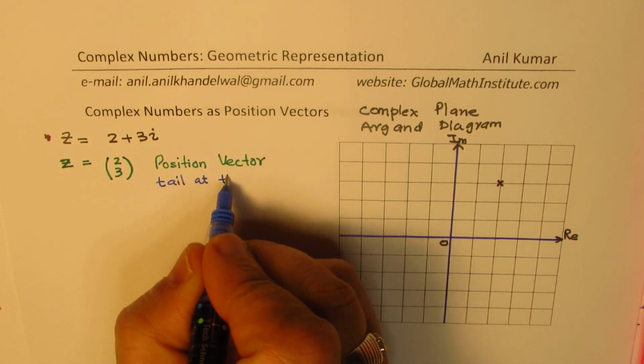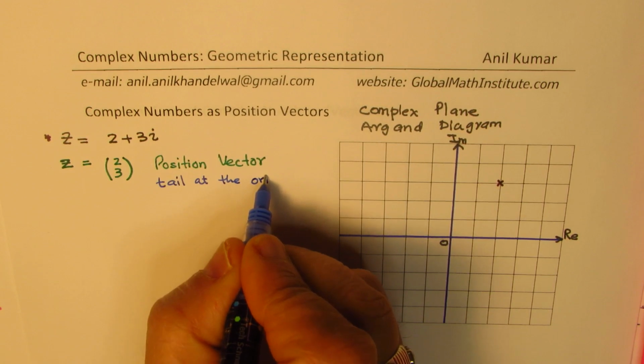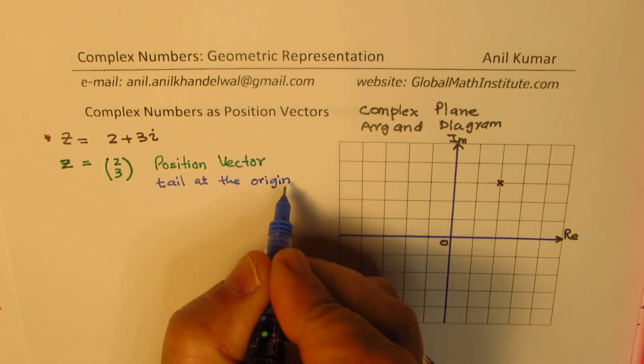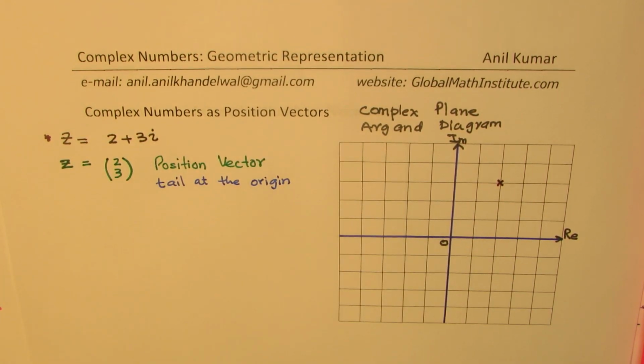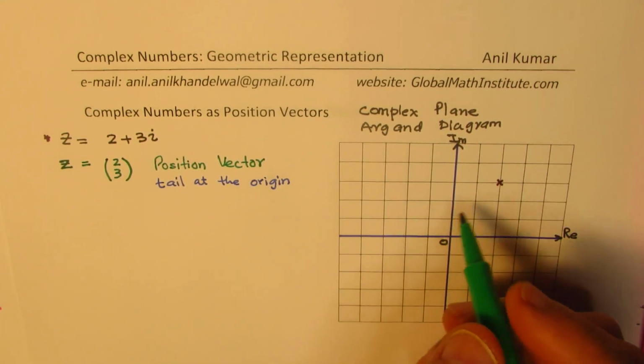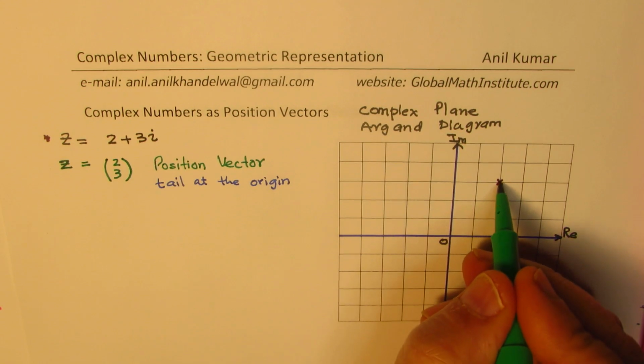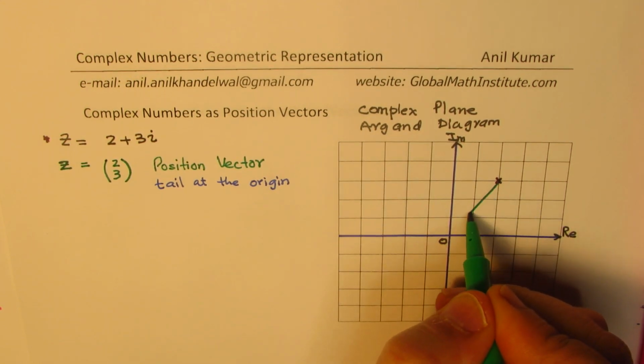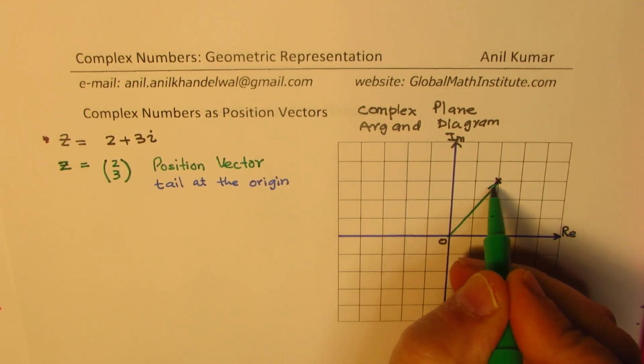If the tail is at the origin, and now we need to sketch this position vector, then it will be represented by a segment with direction.